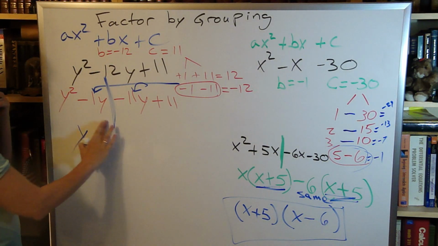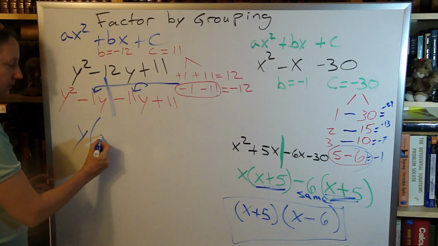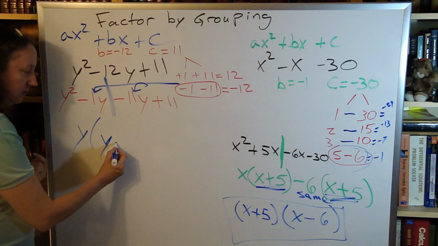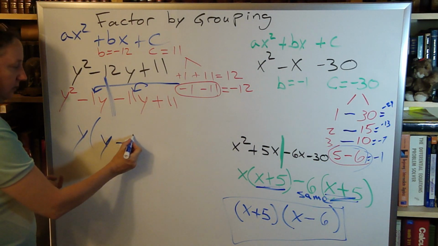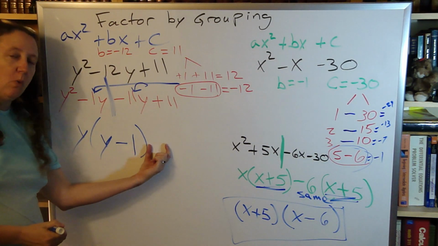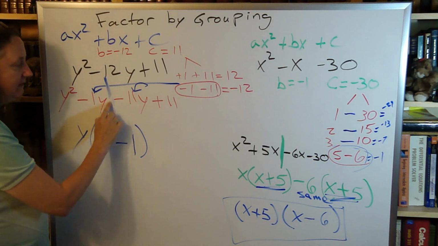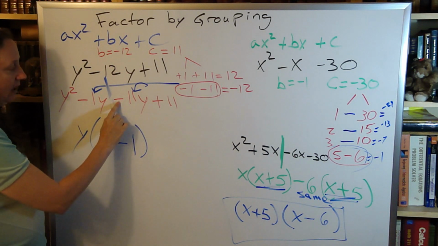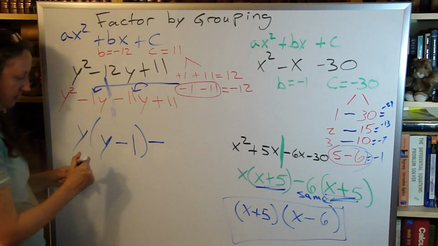Y. Y squared divided by y is y. Minus divided by positive is minus. 1y divided by y is 1. I need to figure out what sign I want here. So I'm taking my sign that I have, dividing it by the sign inside the parentheses. So I have minus divided by plus is minus.